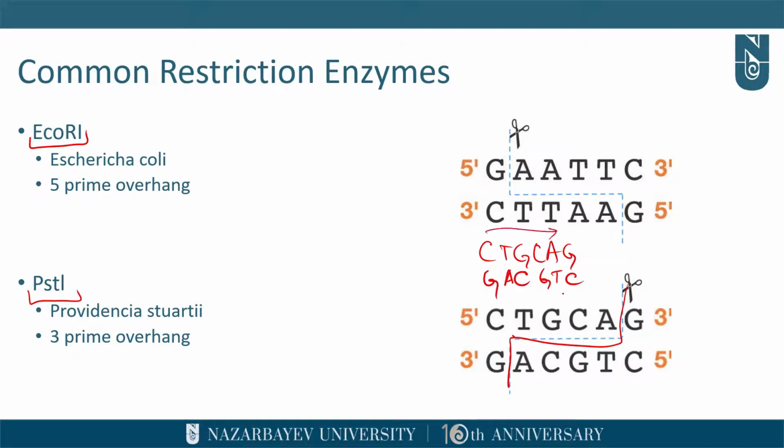So it goes the same in both directions. Okay, so the source of these enzymes, of course, the EcoRI is Escherichia coli, PstI is the Providencia stuartii, and we are going to use these two enzymes in our lab.